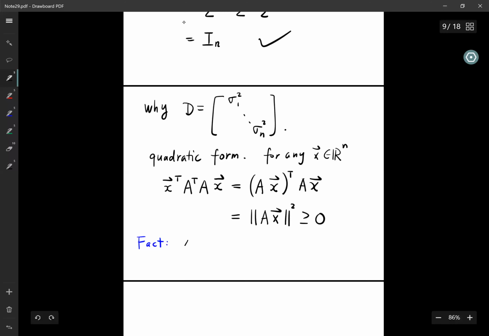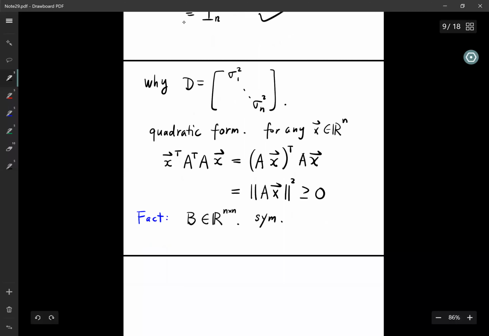If I consider a matrix B, which is n by n, symmetric, A transpose A is obviously symmetric, and x transpose B x is non-negative, then all the eigenvalues of B will be non-negative, for i going from 1 to n.